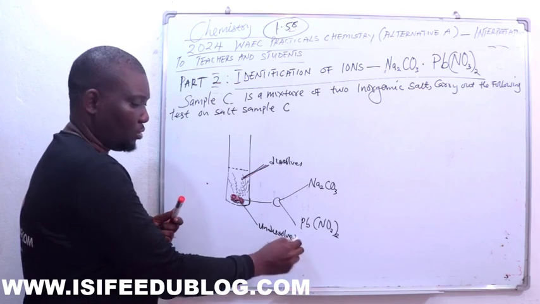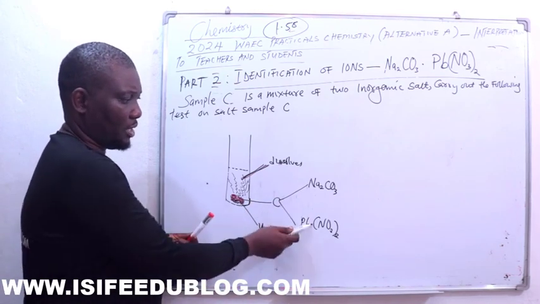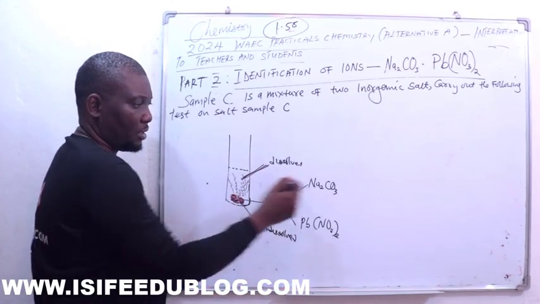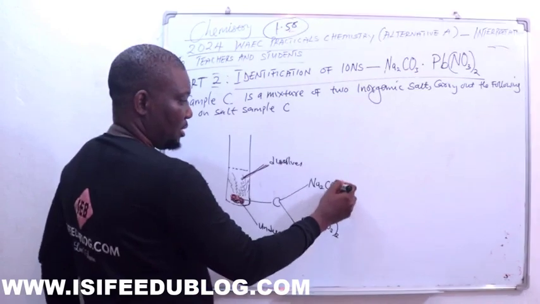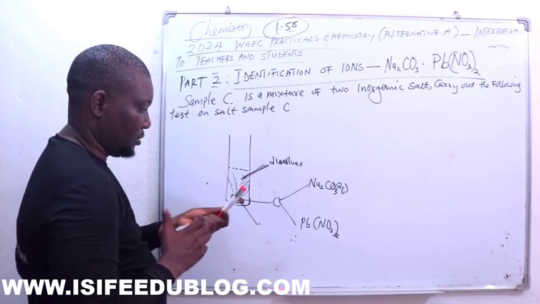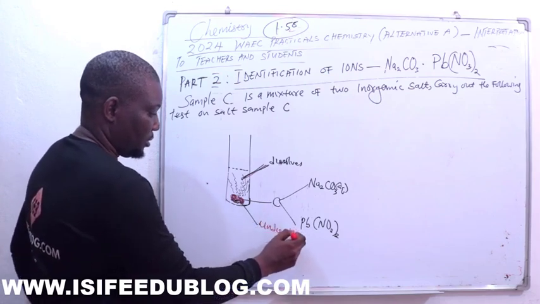So what does it tell you? We are given that the two salts are soluble. Now let me show you something. At the point of adding water, you have made this aqueous. This is undissolved. Let's use a different color here so it makes more sense.